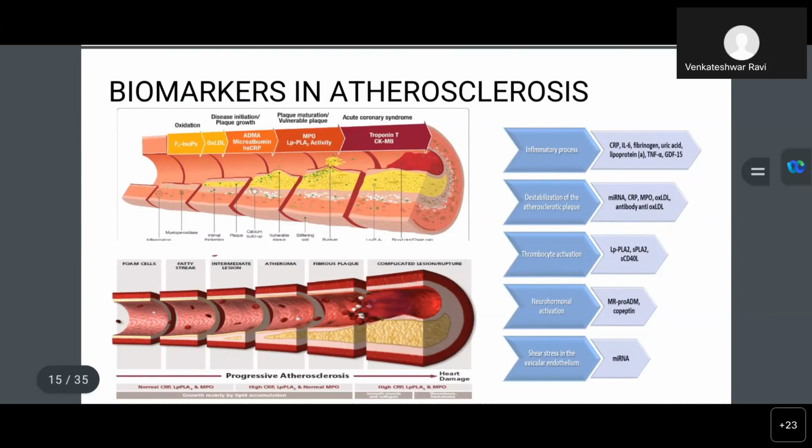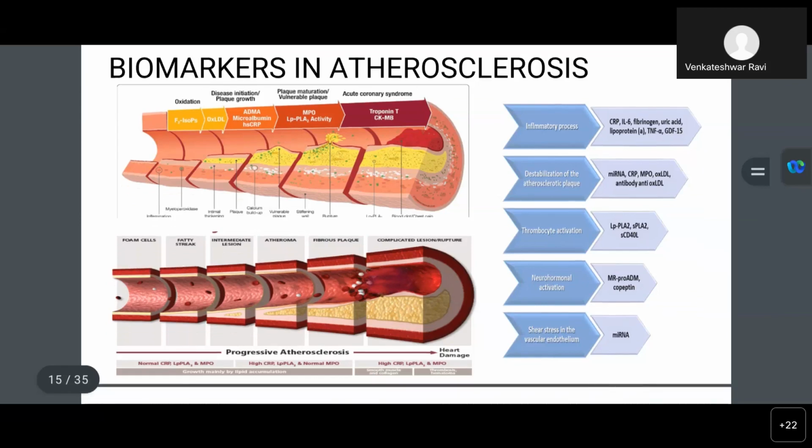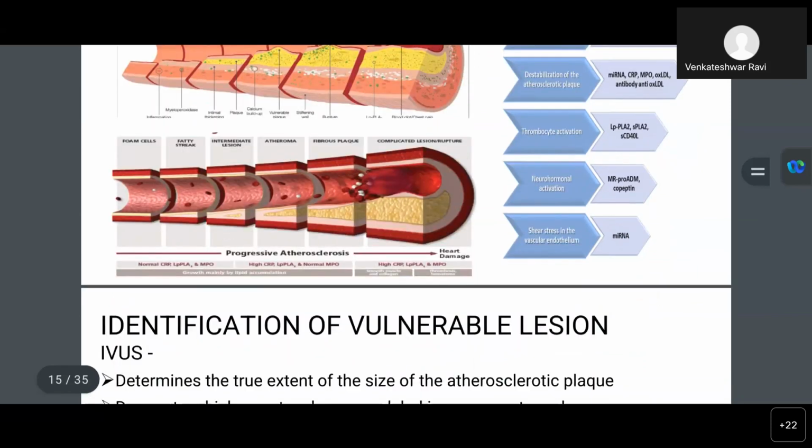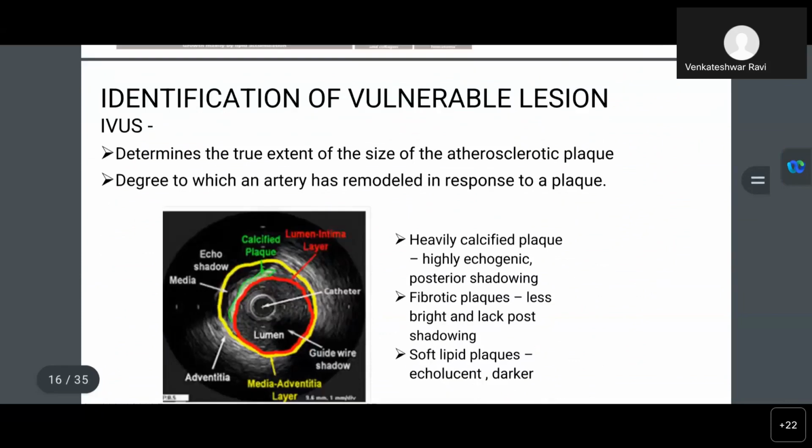Whereas in the case of atheroma and fibrous plaque, there is high CRP, hsCRP being very specific, and high lipoprotein PLA2 activity with normal MPO activity. At this stage, we can diagnose the risk factor of the patient. And once the complication occurs, there is high CRP level, lipoprotein PLA2 activity, and MPO activity. These are the biochemical markers.